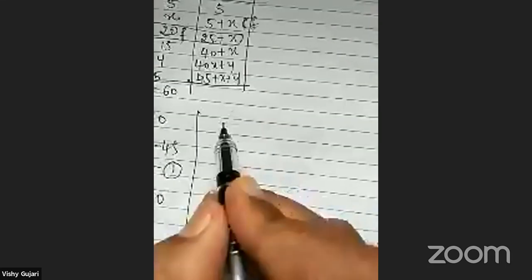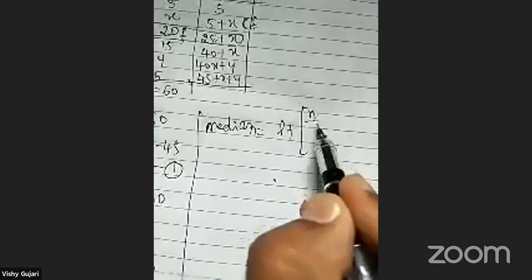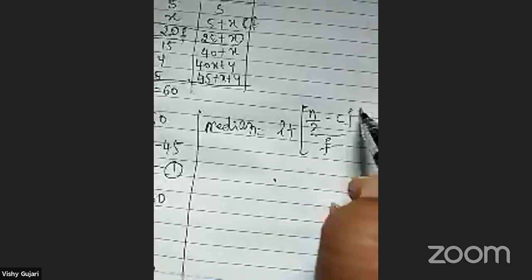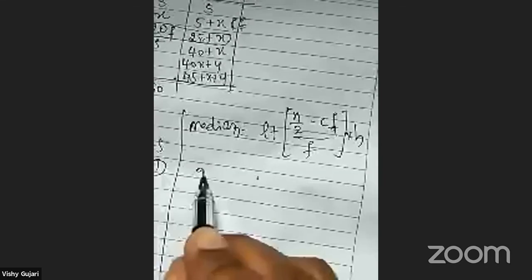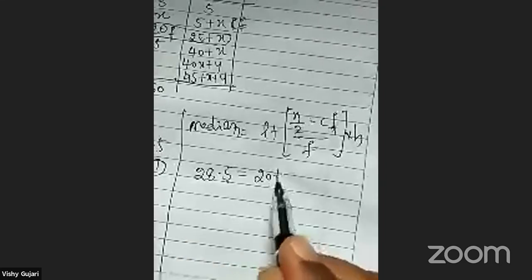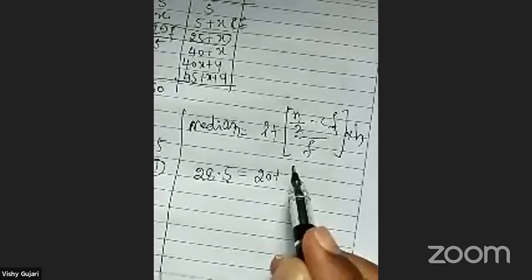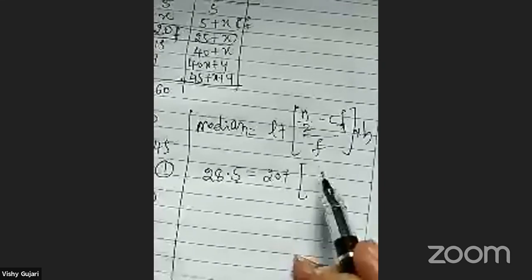Median is equal to L plus N by 2 minus CF divided by F, into H. Median is 28.5 given. 20 plus N by 2 means 30, already there.